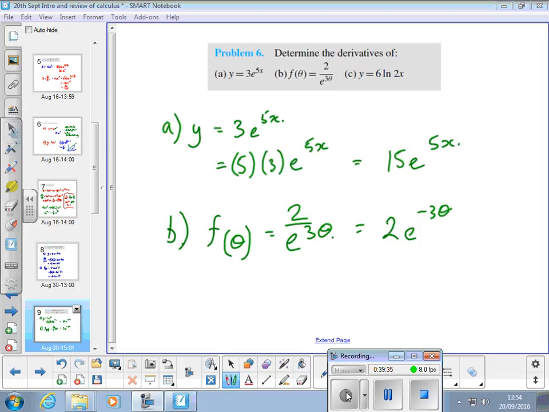So just 3 minus 3, yeah, multiplied by 2 e to the minus 3. That is minus 6 e to the minus 3. Yeah. Yep, all happy?